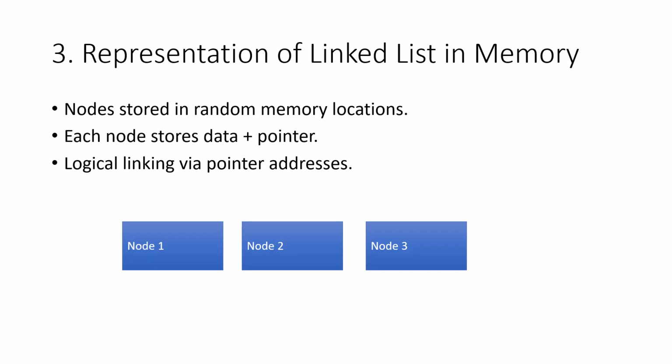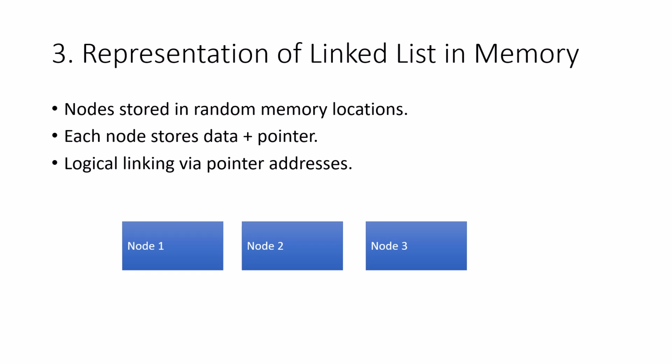Representation of linked list in memory. In a linked list, nodes are stored in random memory locations. This means they are not placed next to each other like elements in an array. Each node contains two parts, a data field and a pointer field.